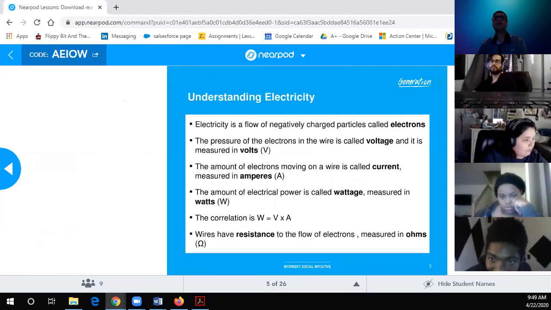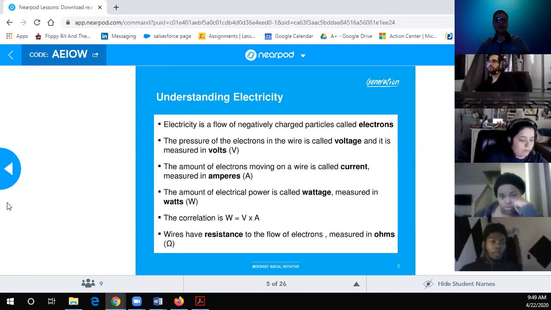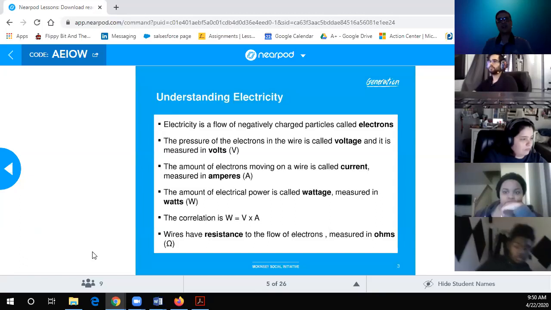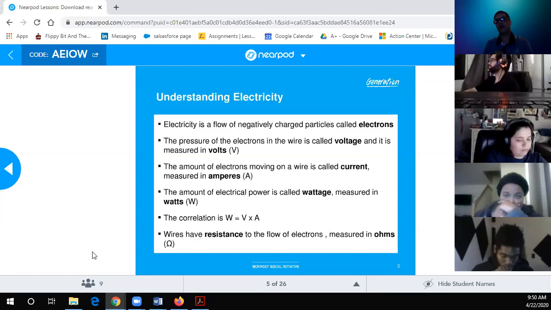Thank you, Daniel. So yes, basically, as we know, it's the device that's going to be pumping energy in here. But just so we can think about it in layman's terms or scientific terms, electricity is a flow of negatively charged particles called electrons coming in.